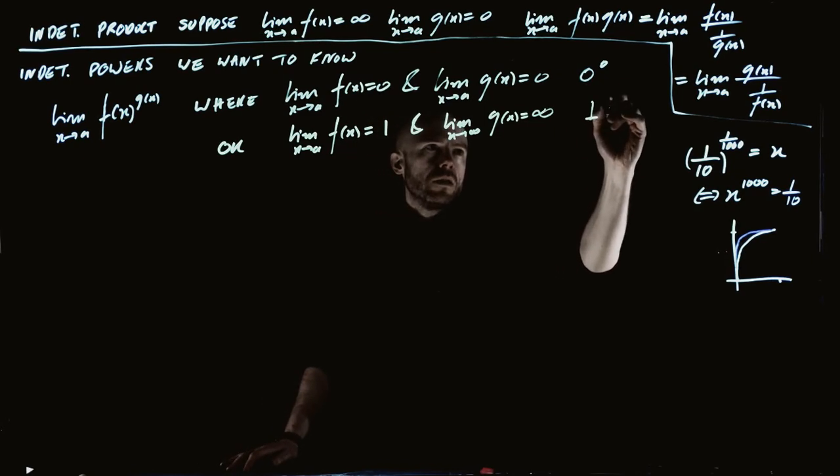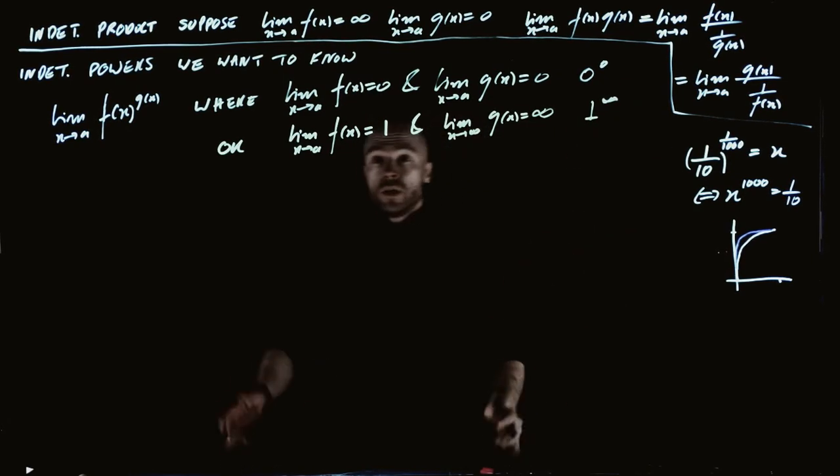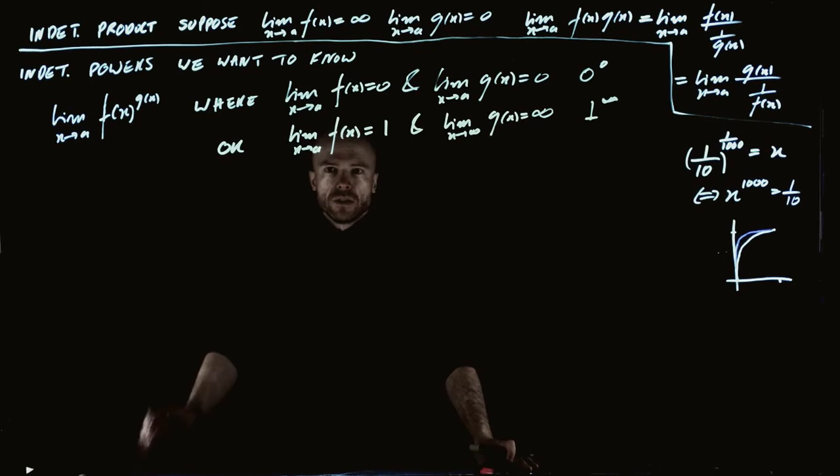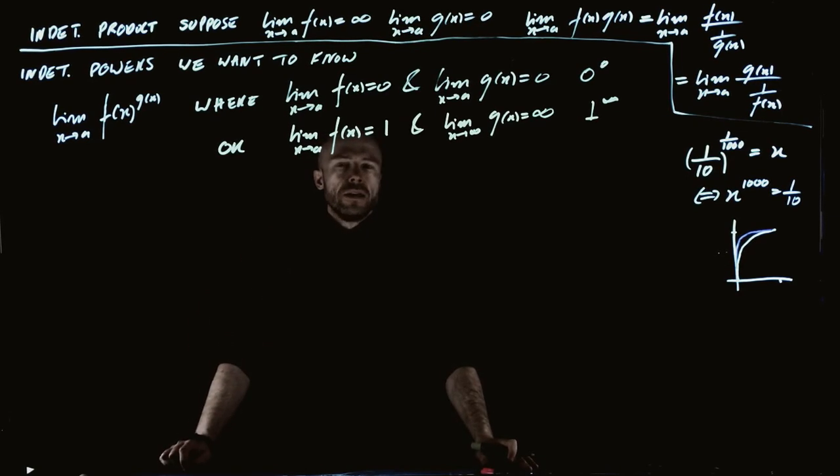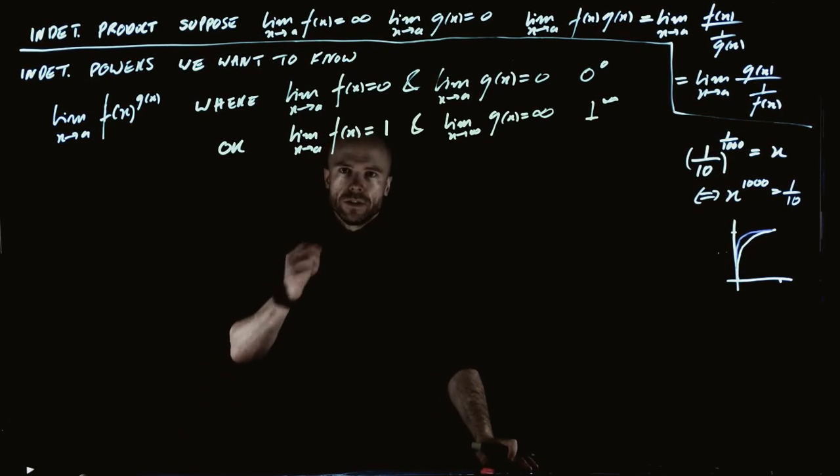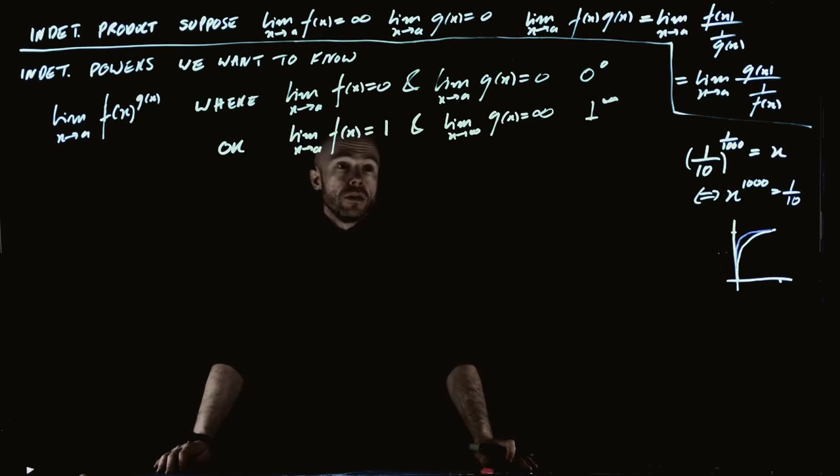This is 1 to the infinity form. Again, a battle. If we are sufficiently close to 1, then taking a very, very high power is not going to change things much, right? On the other hand, if we're not that close to 1, if we are 1.1 and we take it to the power 1,000,000, then that's a pretty big number. It's a very big number. Yeah? So again, a battle.